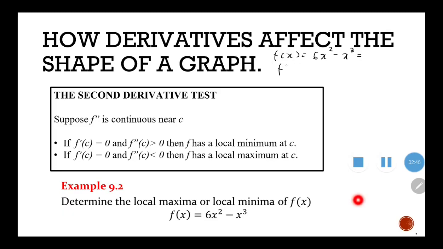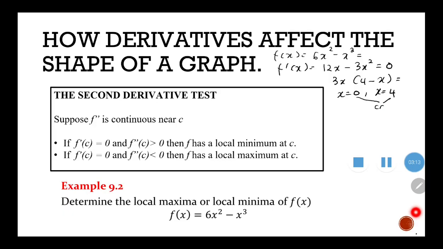But first you have to differentiate it. So there will be 12x minus 3x squared equal to 0. Put the 3x together, you will get this. Okay, so x is equal to 0 and x is equal to 4. So 0 and 4 are the critical numbers for this particular function.